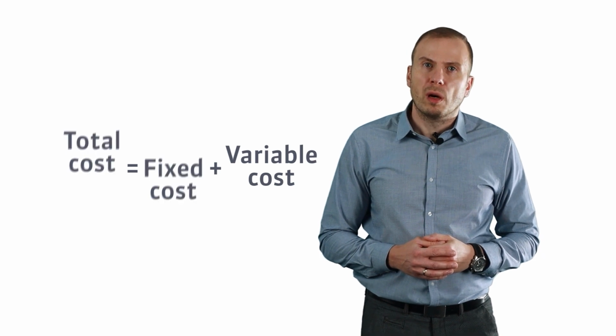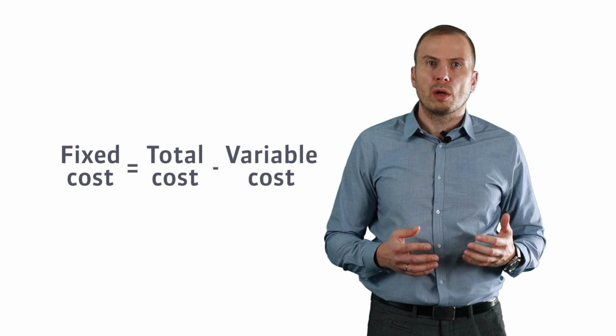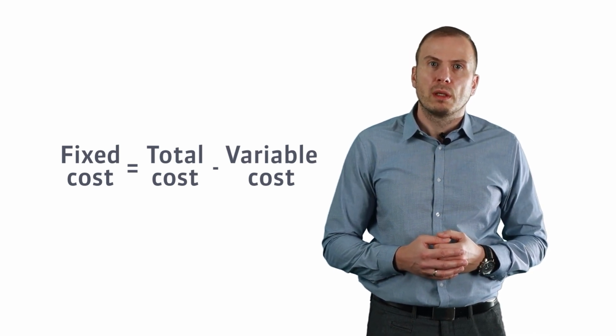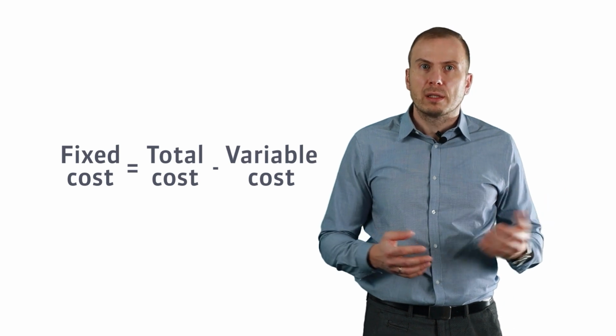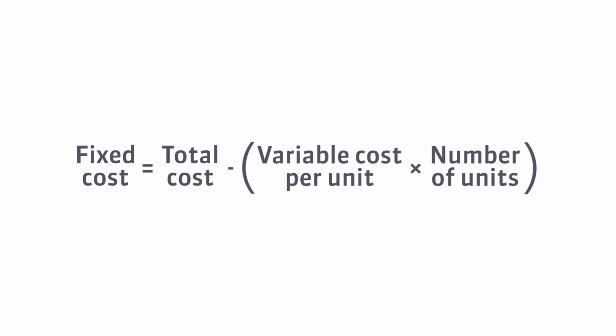Hence, we know that the fixed cost is the total cost minus the variable cost, and the total variable cost is the variable unit cost multiplied by the number of units. Now we have to choose which value to put into the formula as the total cost.